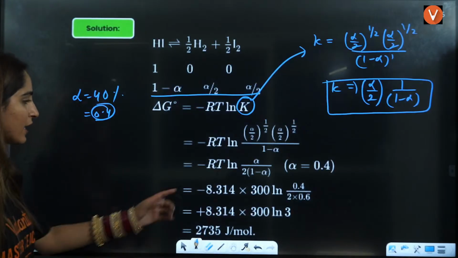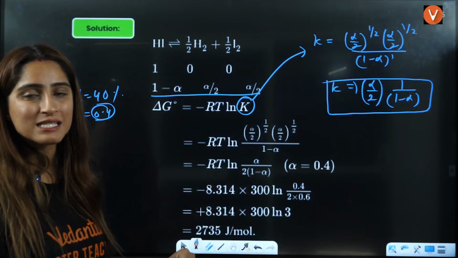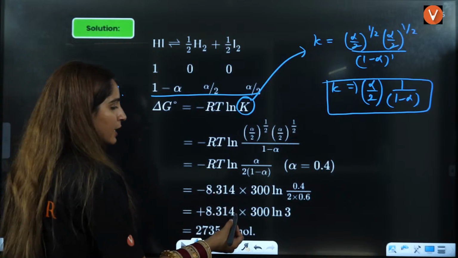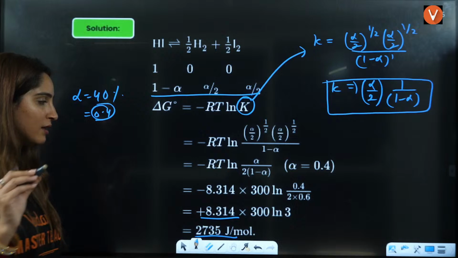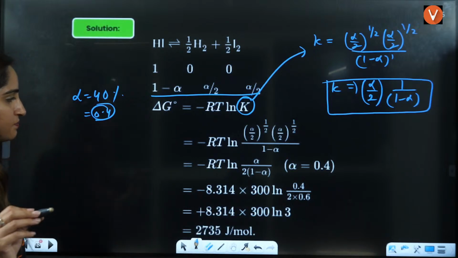So just put the value of R and T here. Natural log is converted to log of base 10, so it will be multiplied by 2.303, and then you can easily solve your answer here.